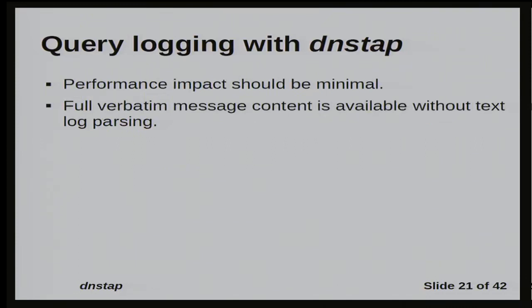Performance impact should be minimal due to all of the implementation tricks, and now we have this rich verbatim message content with annotations and metadata available. We don't have to parse any text format logs or anything like that in order to consume it.